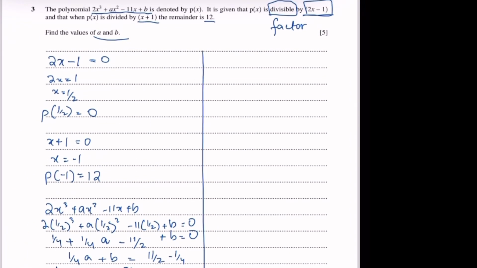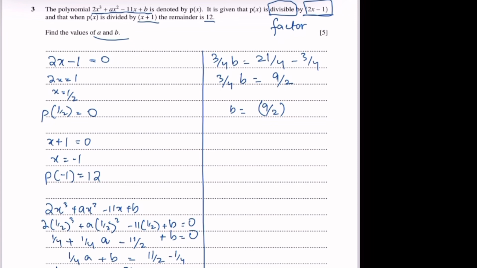So minus 1 upon 4b plus b gives us 3 upon 4b, and I'll take this 3 upon 4 to the other side. So this will be equal to 21 upon 4 minus 3 upon 4. And then this will become 3 upon 4b is equal to 9 upon 2.